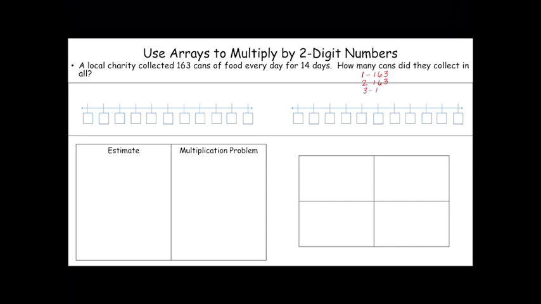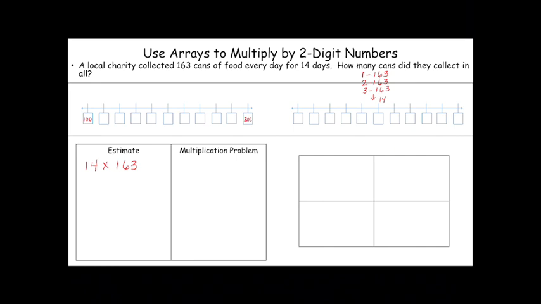For 3 days, it was 163 cans, all the way down to 14 days. And so repeated addition is just multiplication. So we have 14 times 163, or vice versa. I'm going to do the 163 because the students do struggle with the hundreds place.